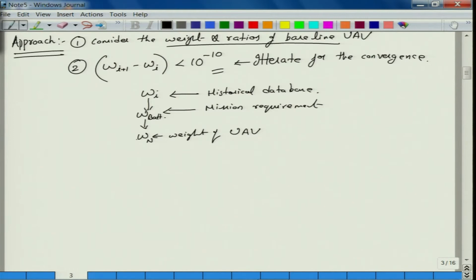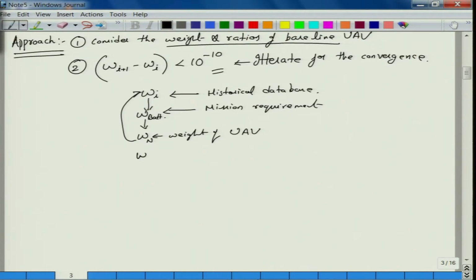If this new weight and the initial weight are one and the same, that means whatever you guessed as the initial weight is good enough to satisfy this particular mission requirement, which means this new weight again is the structural weight of the new UAV plus the propulsive weight of the new UAV and then the battery weight of the new UAV plus the payload here.